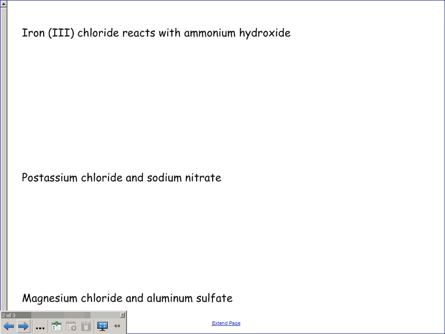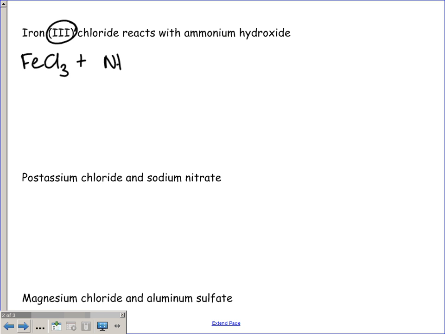Iron(III) chloride reacts with ammonium hydroxide. So remember that iron is Fe. This number in parentheses gives me its charge. So that's going to be 3. Chlorine has a -1 charge. So when those crisscross, they form FeCl3. Plus ammonium hydroxide.